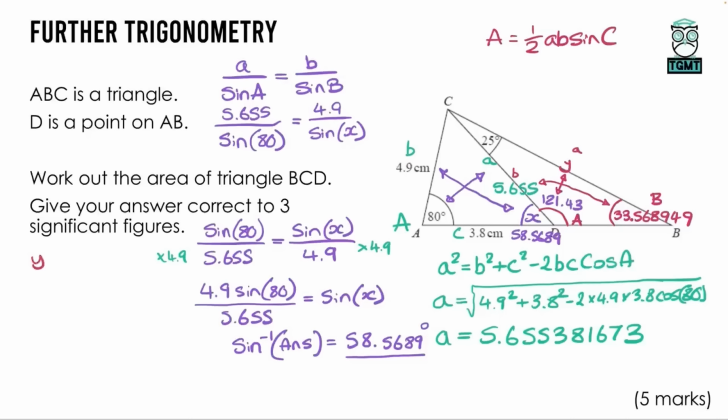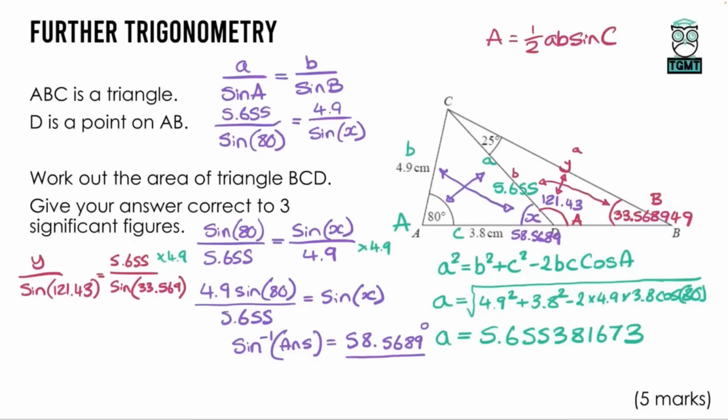And again, just using A over sine A. So we have y over sine of 121.43, and that is equal to the 5.655 over sine of 33.568, or let me just round up for my bracket here, so 569.